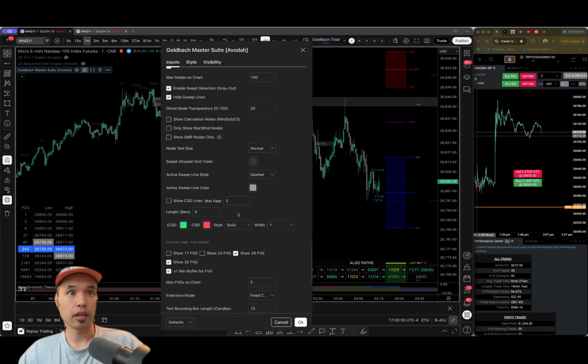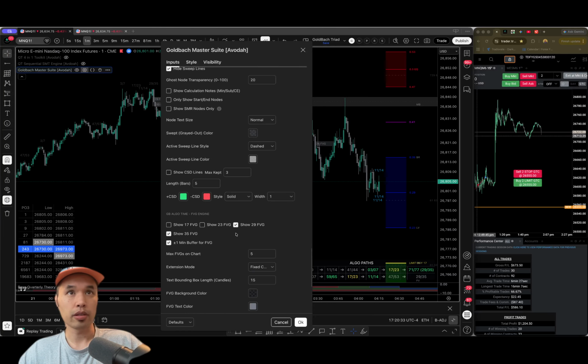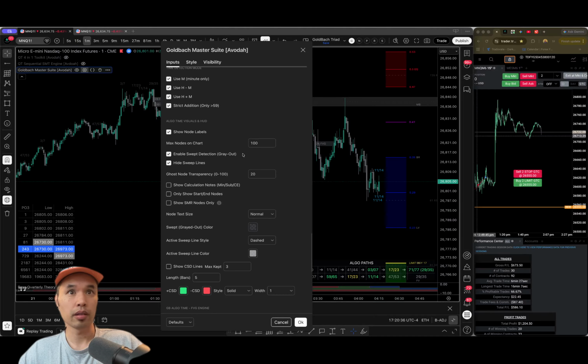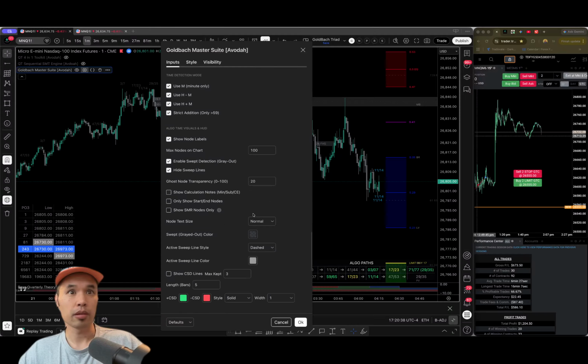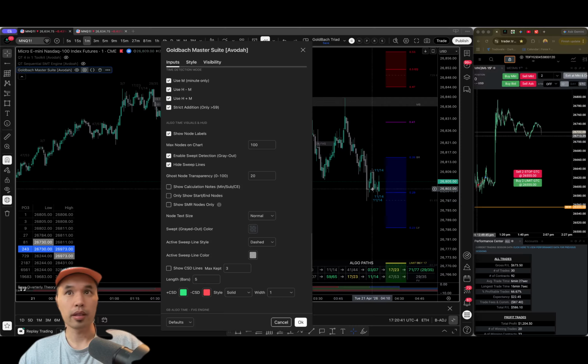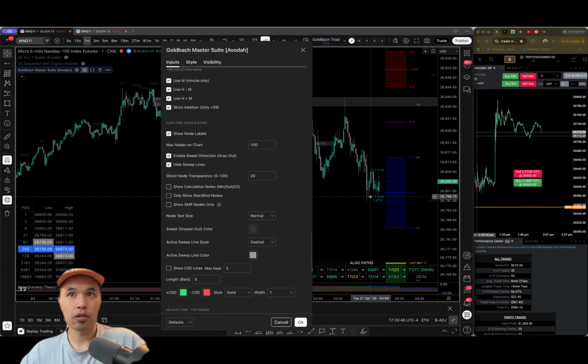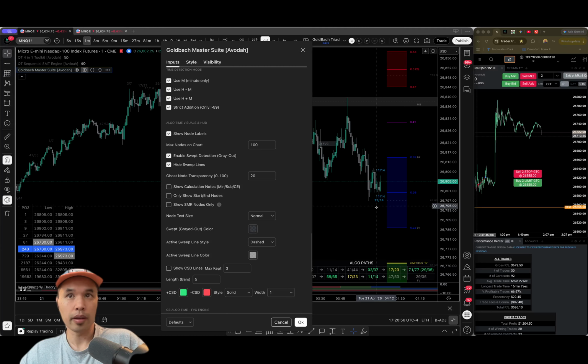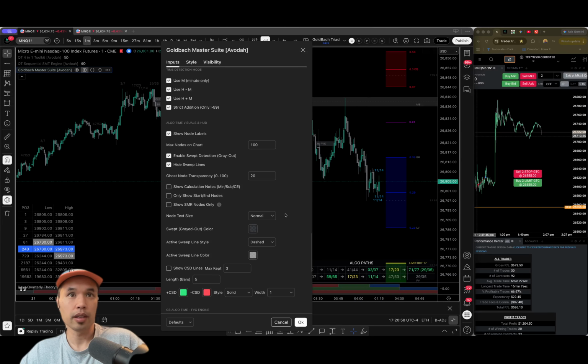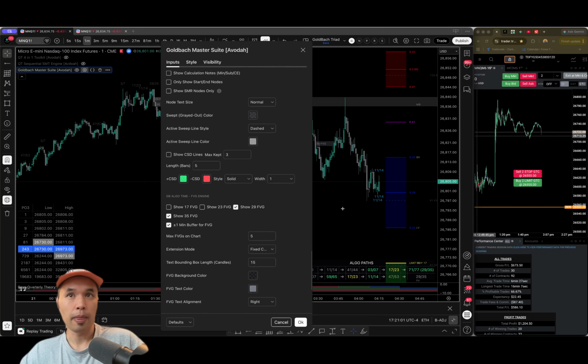It tracks 3 candles at a time to have the potential Goldbach time at the swing high, swing low. It'll confirm the swing high, swing low once it's confirmed. But what this does is that you can see immediately as candles are printing the potential time for the algo path, right?